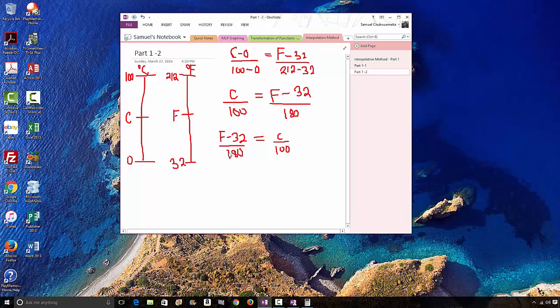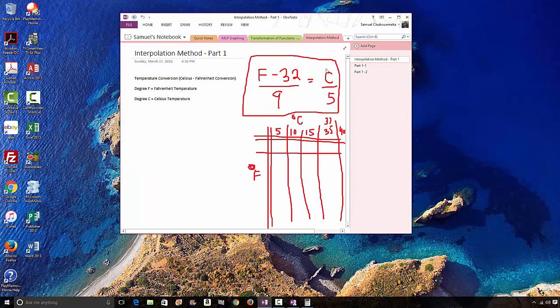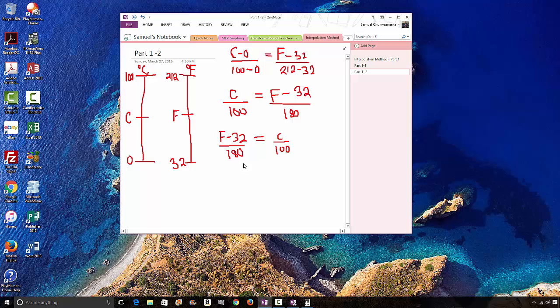We have to simplify the 180 and 100, because we got the numerators of both fractions, but the denominators we have to simplify.